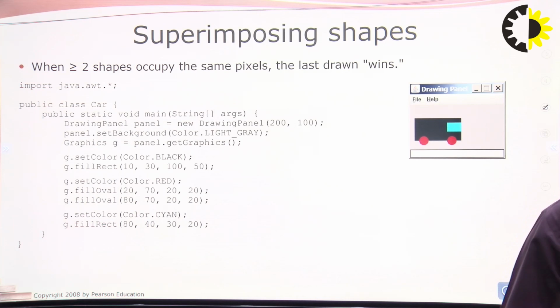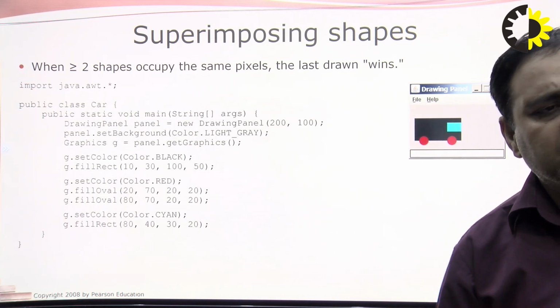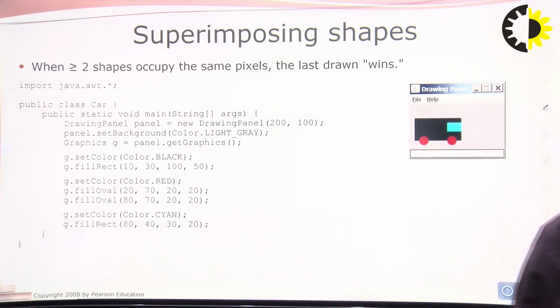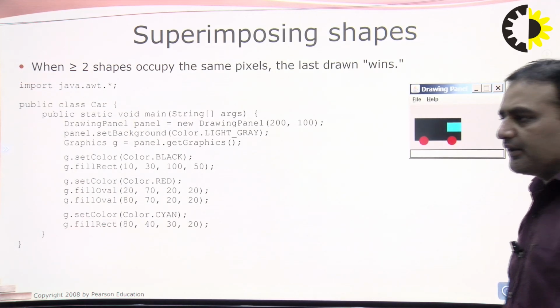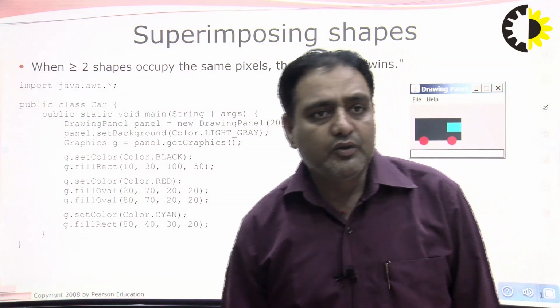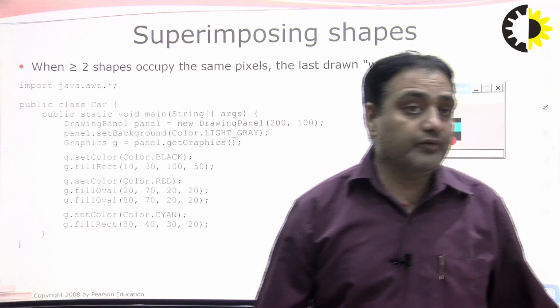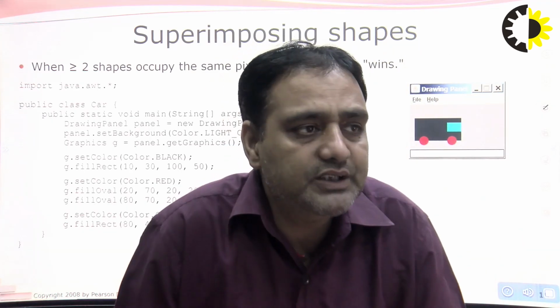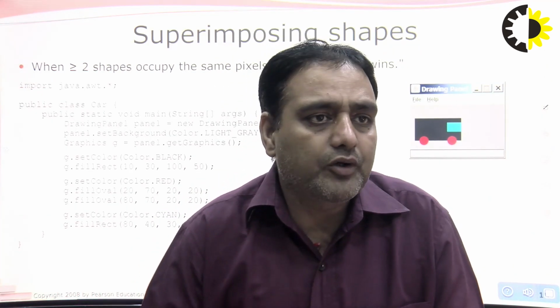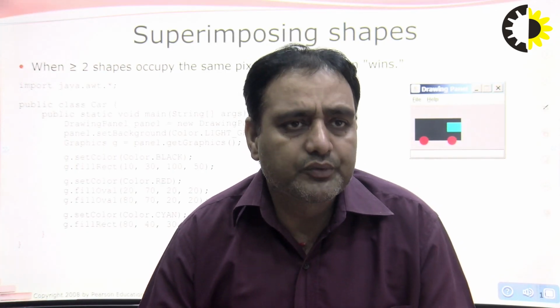It is a simple program: making the drawing panel, then rectangles. In this particular program, what coordinates are you using, what type of inputs, for creating the car?